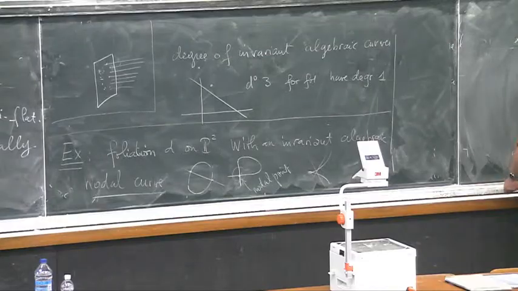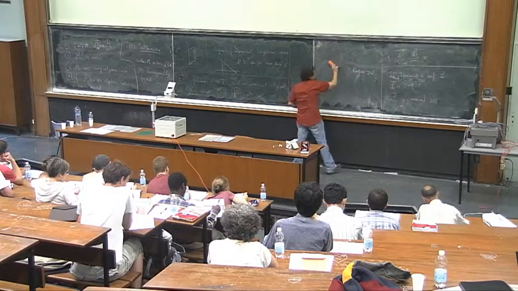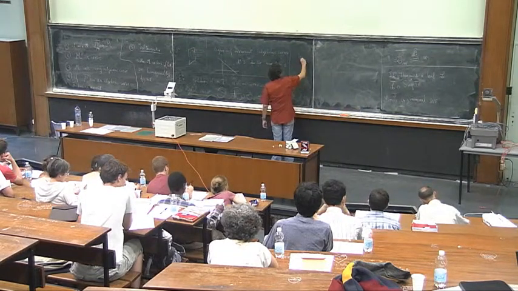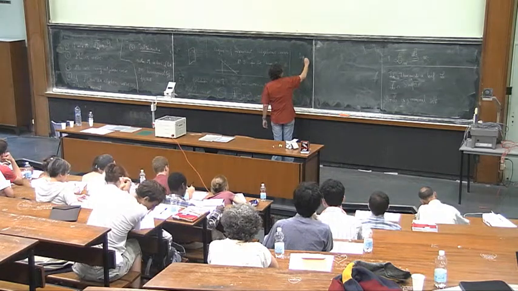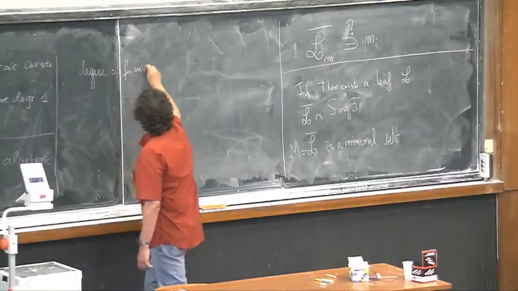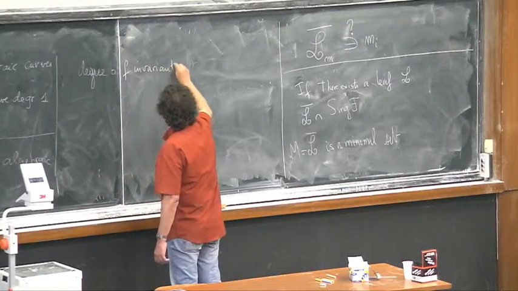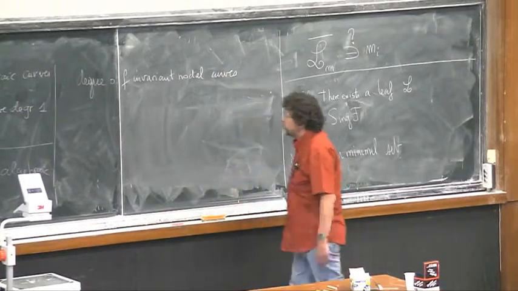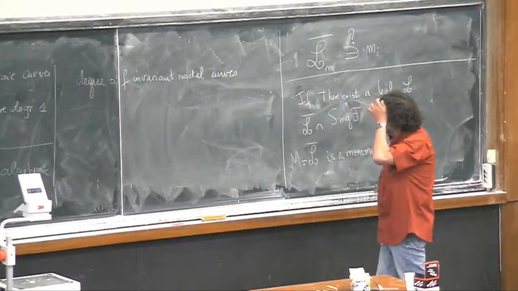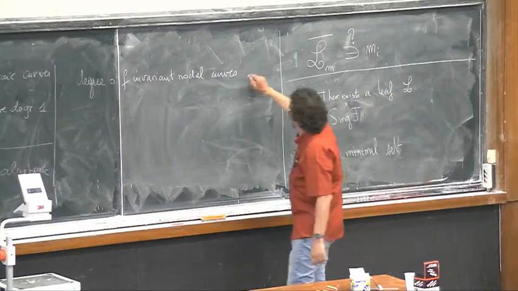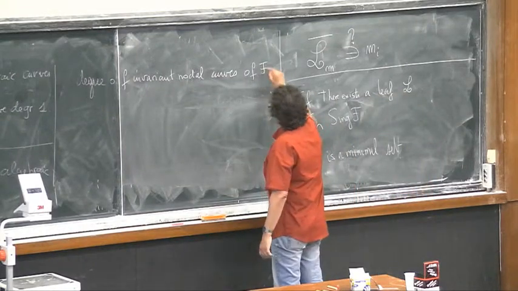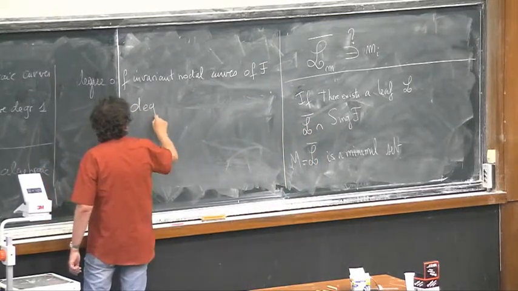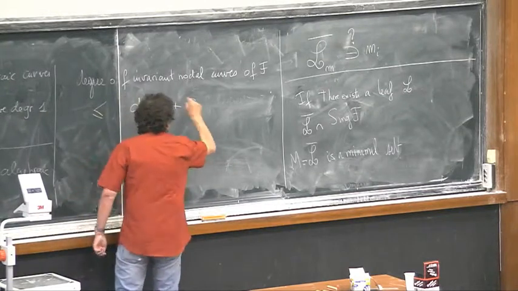And there are estimations of the degree of an invariant nodal curve for a foliation F. This degree is smaller than the degree of F plus 2.